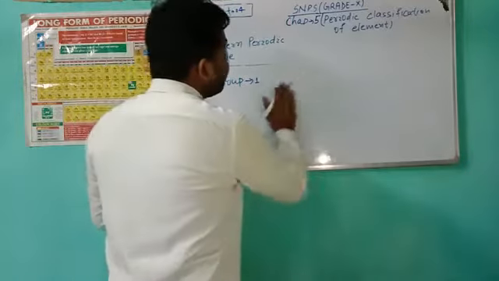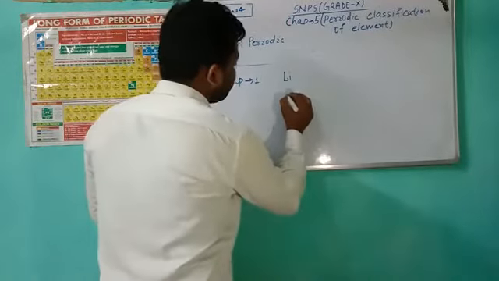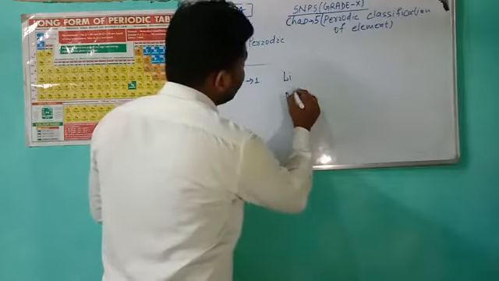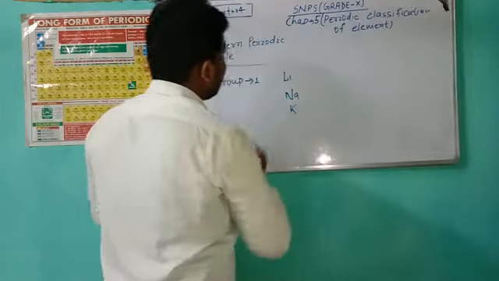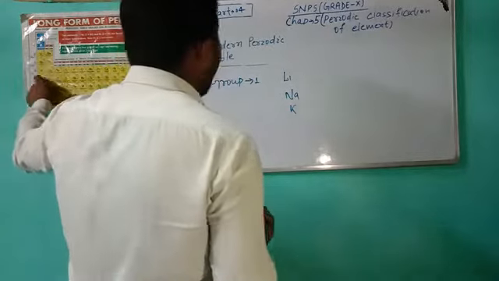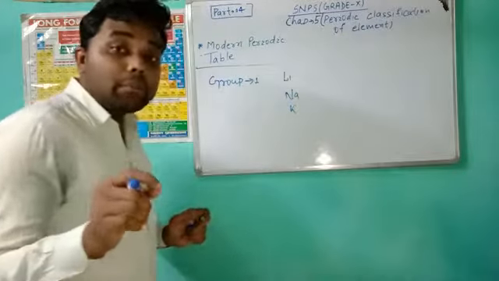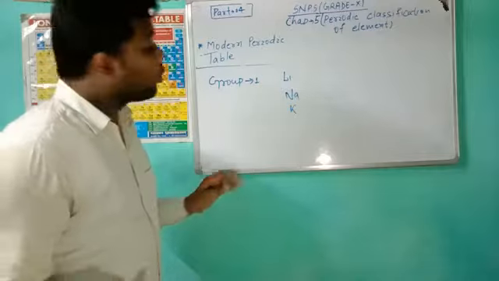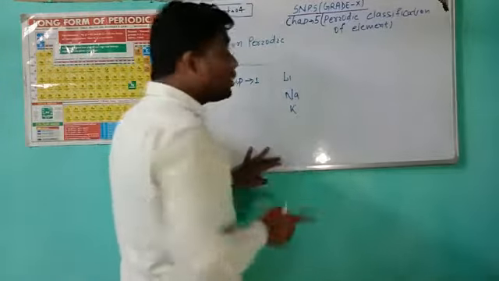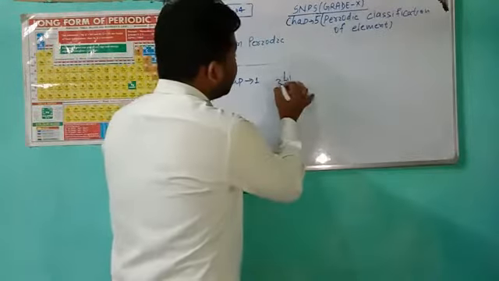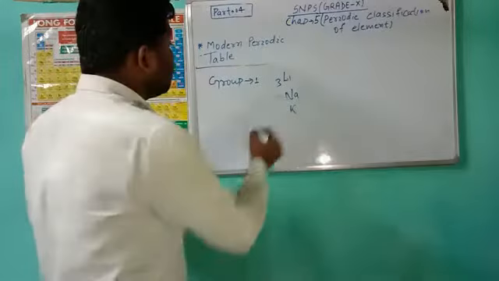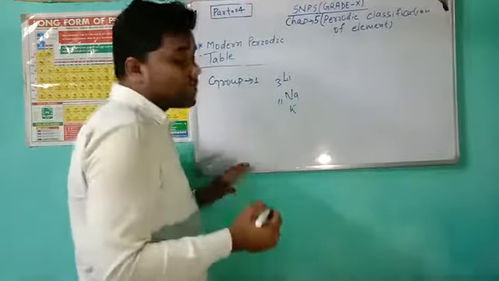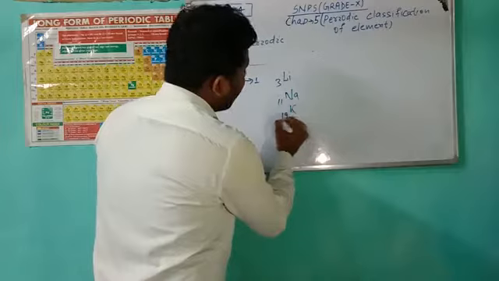So we are taking lithium, after that sodium, and potassium. Here I am giving you some examples about the significance of groups. The atomic number of lithium is 3, sodium has 11, and potassium has atomic number 19.